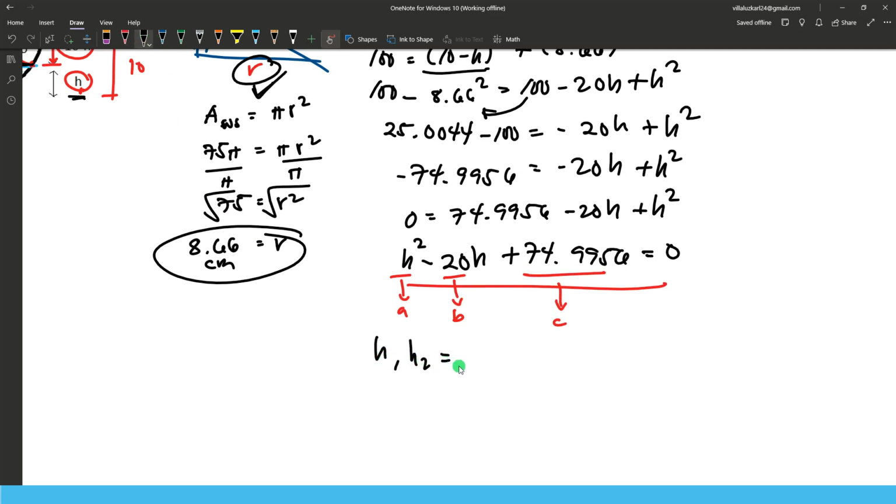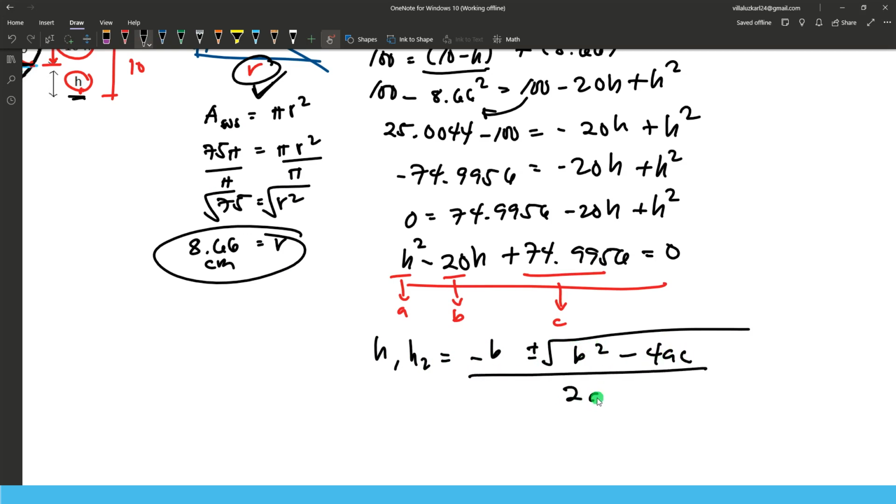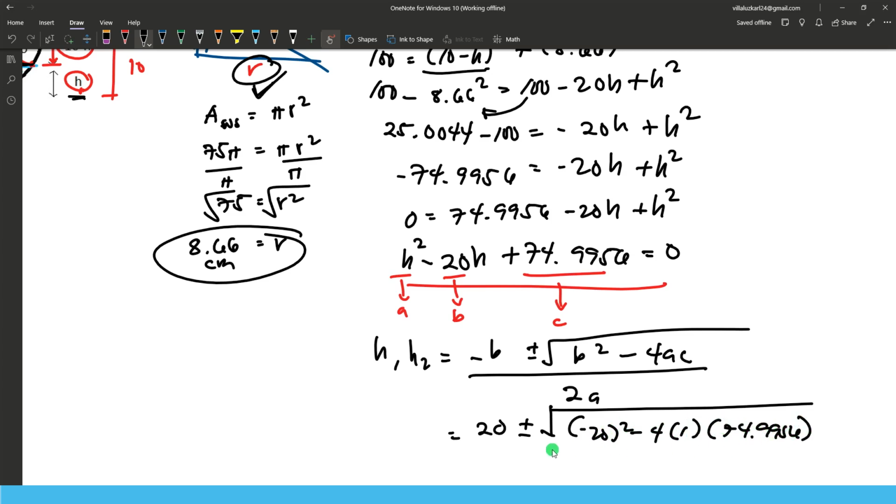So let's apply the quadratic formula. h1, h2 equals negative b plus or minus the square root of b squared minus 4ac over 2a. Substituting all that, we have positive 20 plus or minus the square root of negative 20 squared minus 4 times 1 times 74.9956, all over 2 times 1.